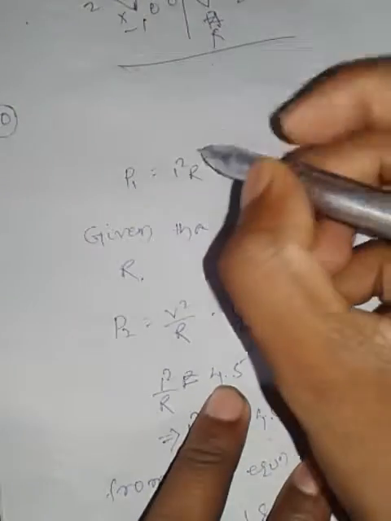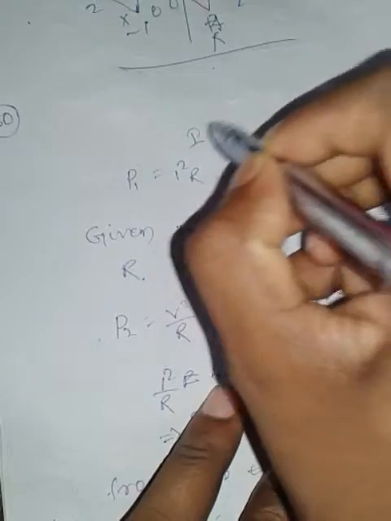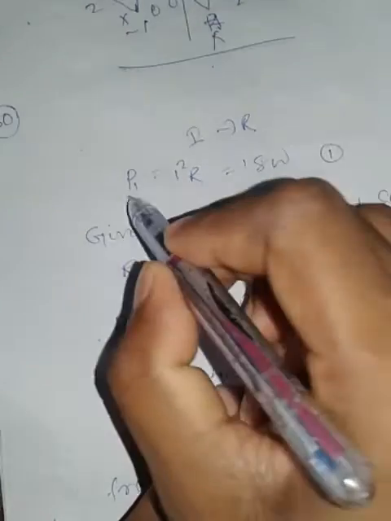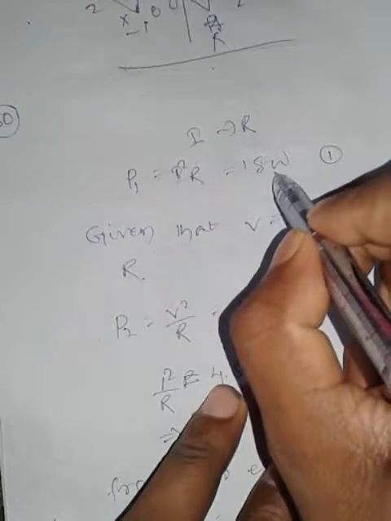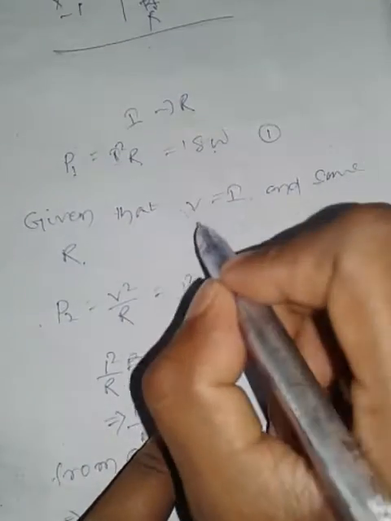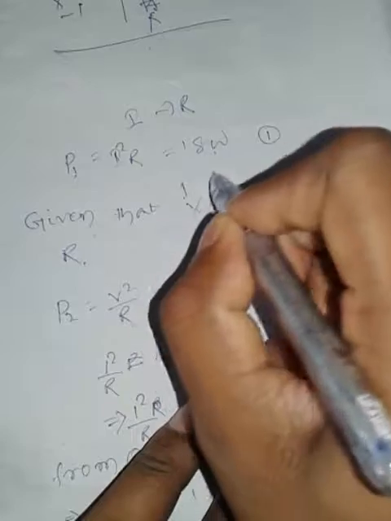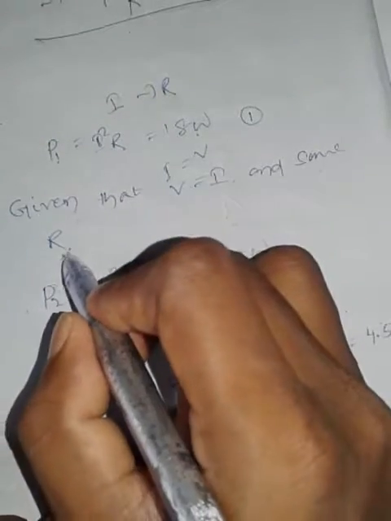So let's consider I is the current and the resistance is R. So the power consumption is I square R, which is 18 watt. This is equation 1. But in the question it is given that I is equal to V, and the R is also the same.